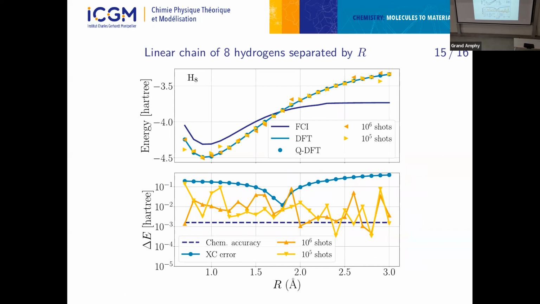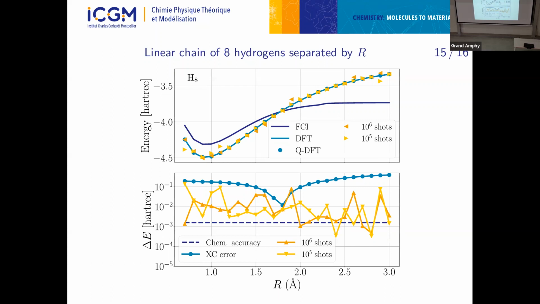So on the 8 hydrogen chain, for instance, you have the full CI results here in blue. So this is again a minimal basis set, with the LDA functional DFT in the other blue curve. And we did the quantum DFT without any noise, just showing that our algorithm is correct. And then we added sampling noise.